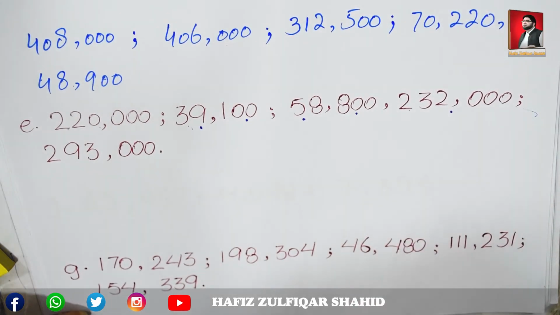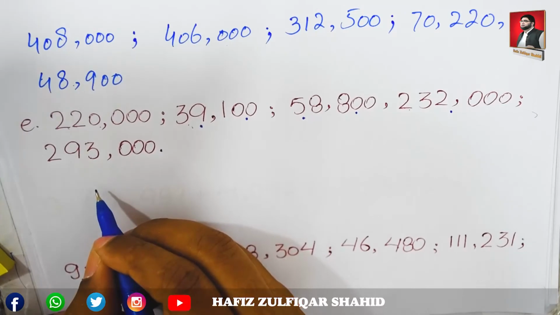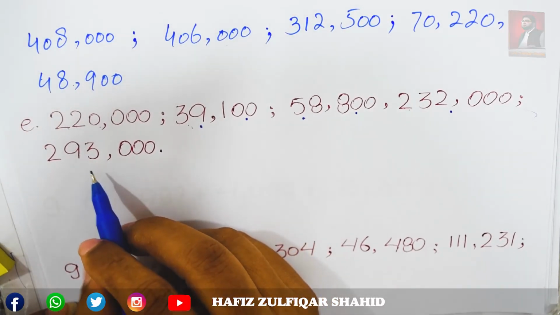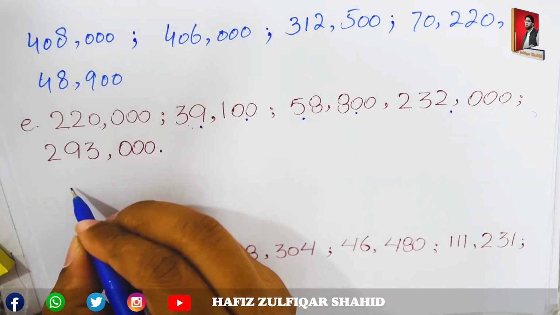The last one is 293,000. Let's arrange according to descending order.